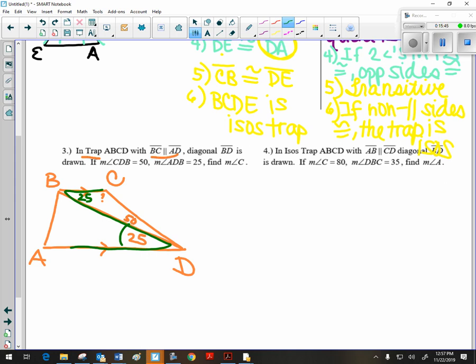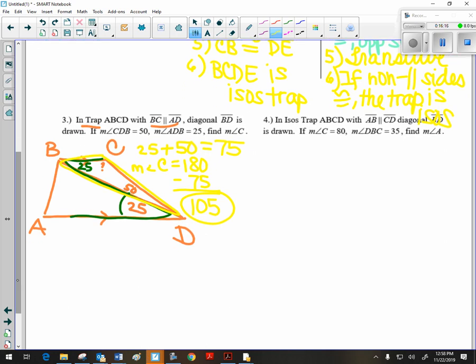And then I can take this and focus my attention now on this triangle. 25 plus 50 gives me 75, so the triangle uses 75 degrees, which means the measure of angle C can be gotten by taking 180 and minusing the 75 from it, which is going to give me a final answer of 105. So I'm working my way around in the picture, filling in the missing measures, and remembering all of the details of things that we've done before.